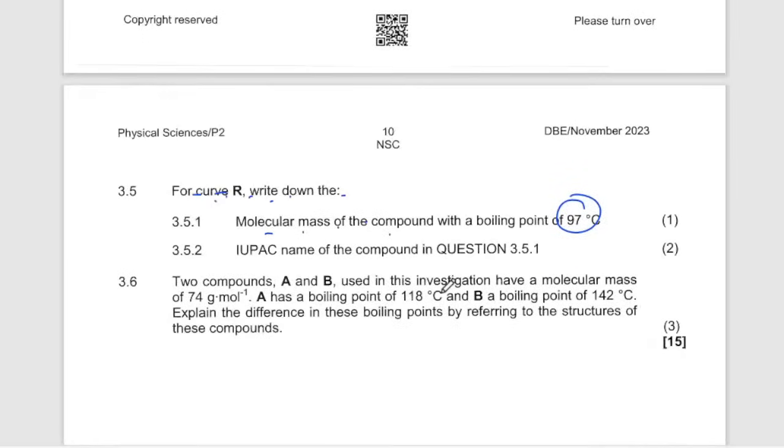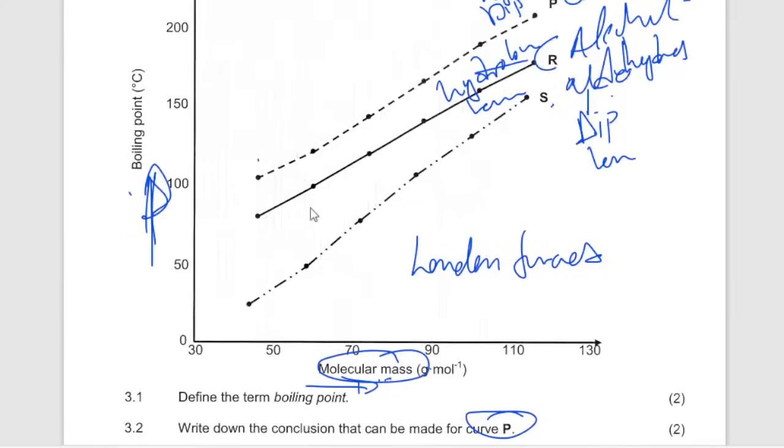Unfortunately, the graph can't show it nicely, but for R, the boiling point is around 97. So if you look at 97, just check here on this paper, 97 is around here. So I have to draw a line touching down.